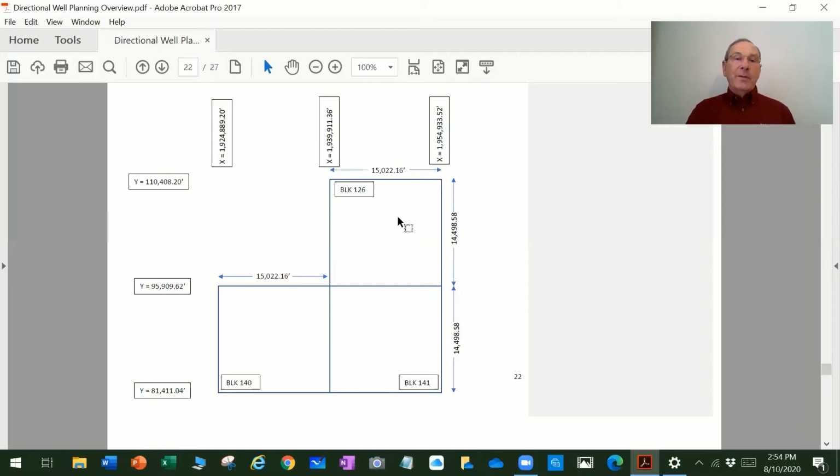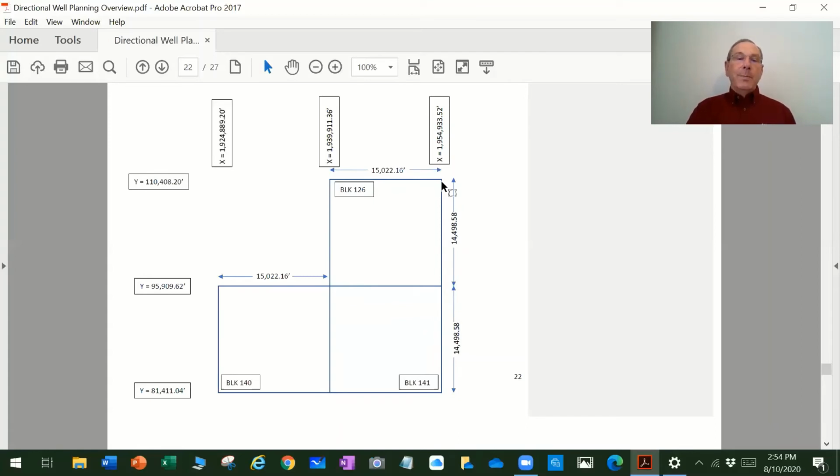Now, if you multiply the distance west times the distance north and divide by the square footage in an acre, you'll see that this block comes out to be exactly 5,000 acres.